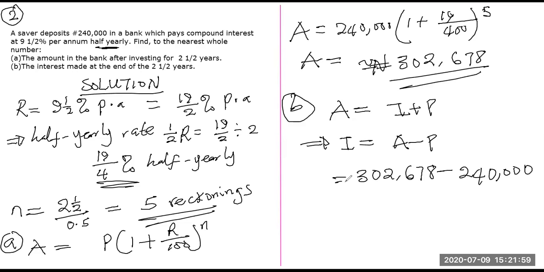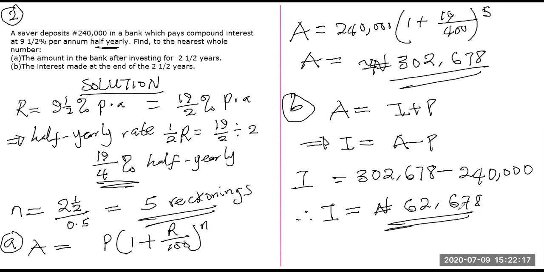Some of you might be asking, which P do you use? You use the original P. When you subtract this, you have the total interest earned by the saver to be 62,678 naira. So hope this is well understood.